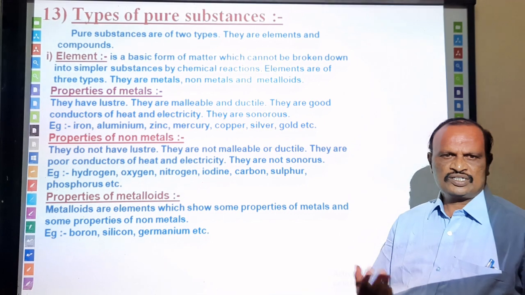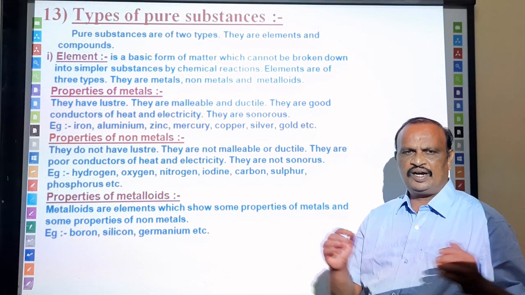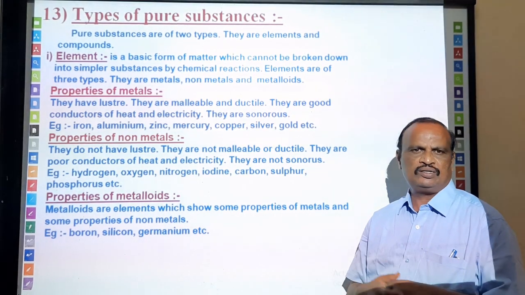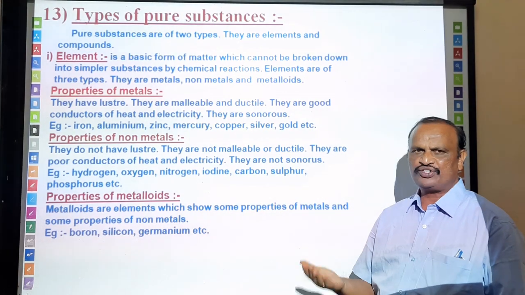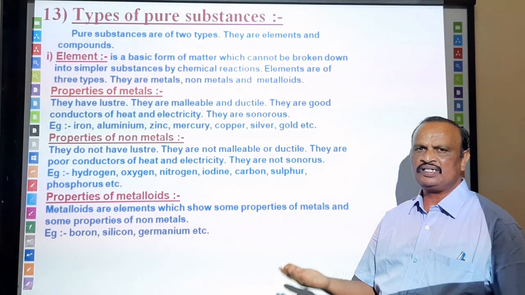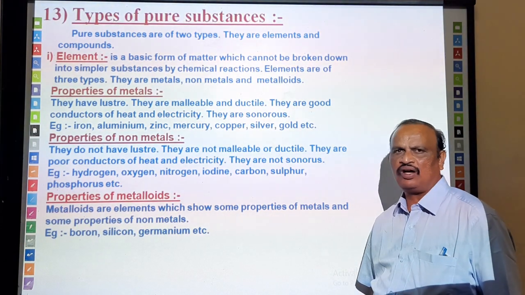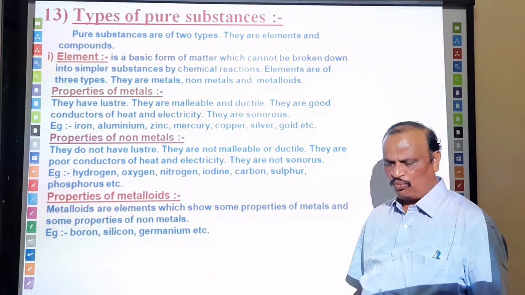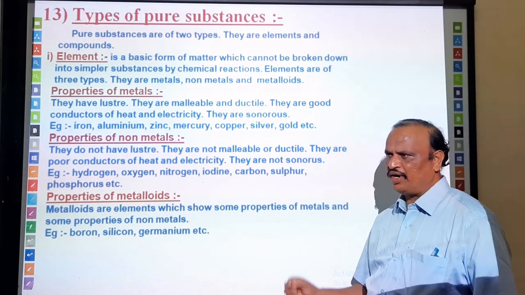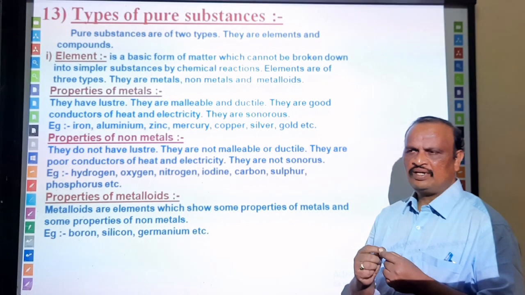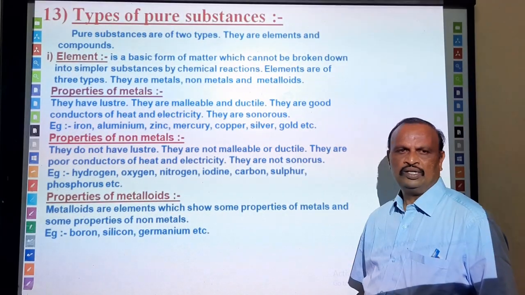They have different natures: some are metals, some are non-metals, and some are metalloids. You will be learning in class 10th in more detail about the properties of elements. Anyway, as a part of this chapter, let me explain briefly.